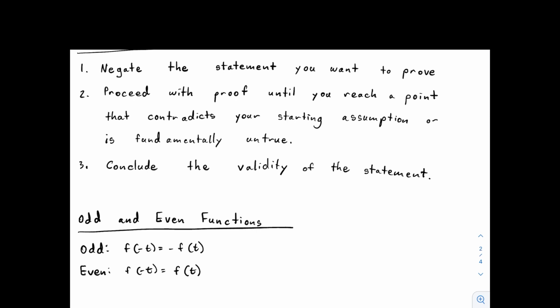By being fundamentally untrue, I'm thinking about things like, if this negated statement indeed held, you'd have something like 0 equals 1, which is never the case. And then the third and final step is to conclude the validity of the original statement.